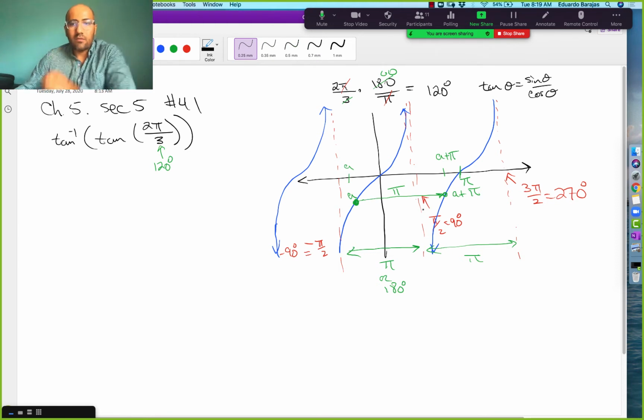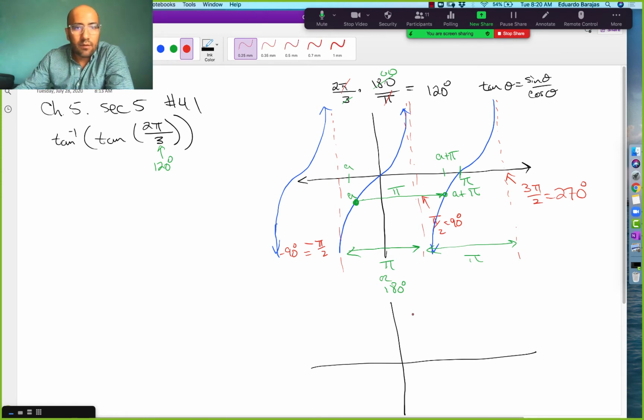Okay, so now I made this a little messy and I really need to be able to refer to it, so I'm going to make another one over here, a little less busy, just to get the stuff we need. I'm copying the same kind of graph, but only putting in what we need.